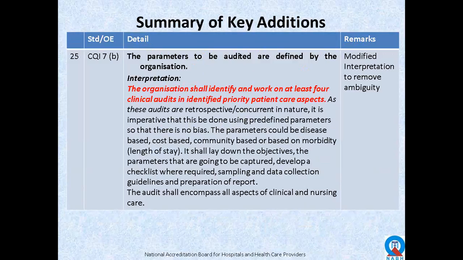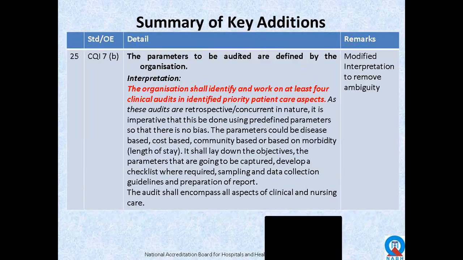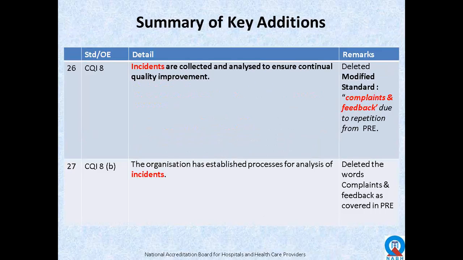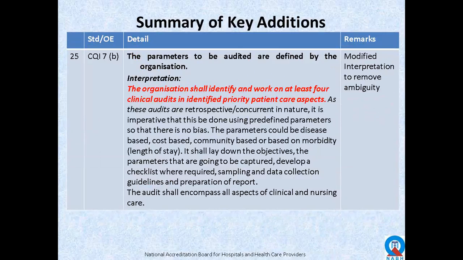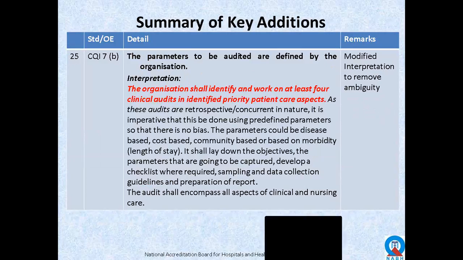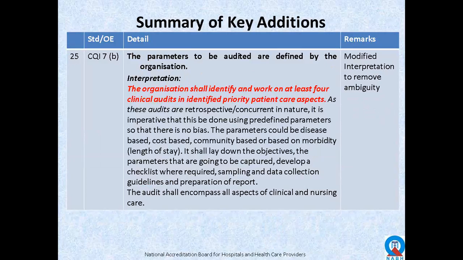So someone does 1 clinical audit between the first assessment and the re-accreditation, they could still get away. So here a minimum of 4 has been defined. Please note: identify and work on at least 4 clinical audits. At any point, there could be 4 concurrent clinical audits, or you could say I have an audit cycle of 1 year, and I am doing 4 audits this year, which is fine and acceptable.